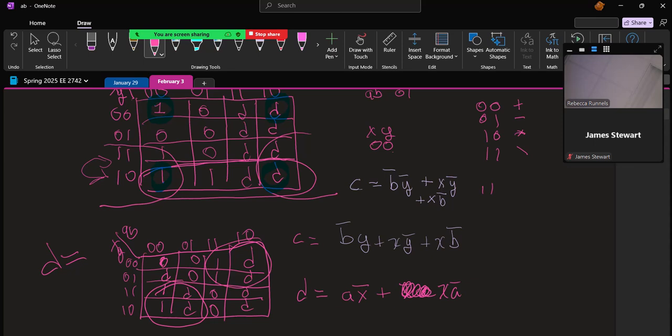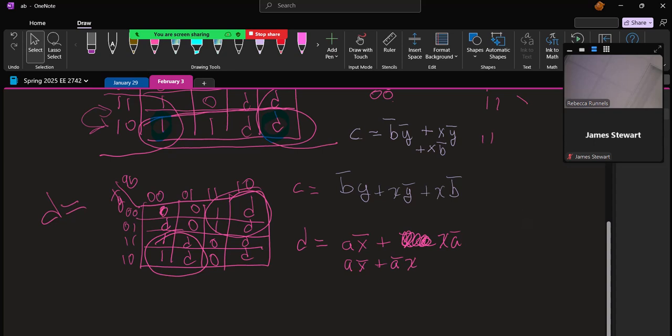It's A X bar plus A bar X. If you don't recognize that, that's the exclusive OR. So rather than having to use a NOT gate and two ANDs and an OR, I just have to use one chip, the exclusive OR.